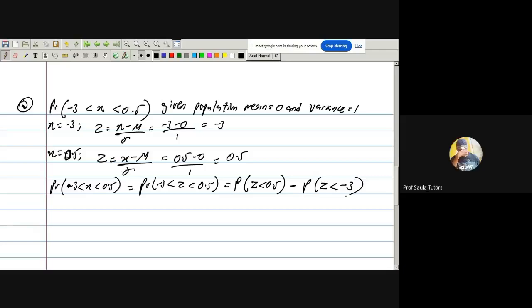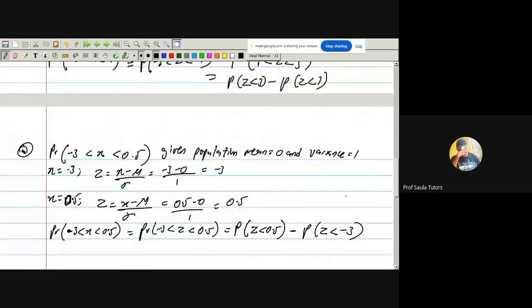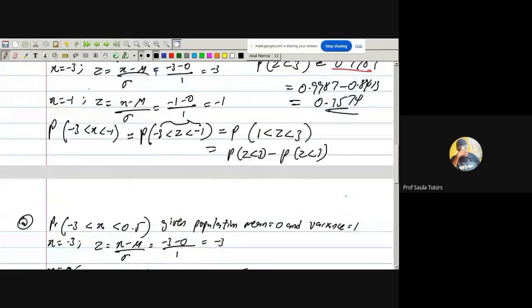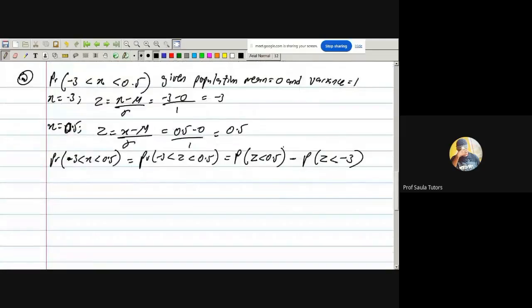Don't forget this pattern, what I did here. First, let us find probability of z less than 0.5. Let's go to our table.